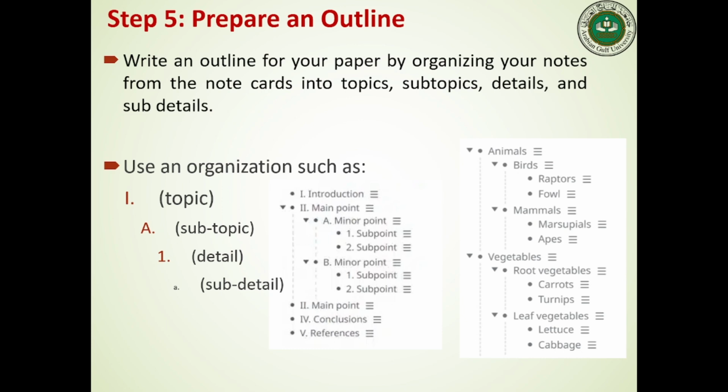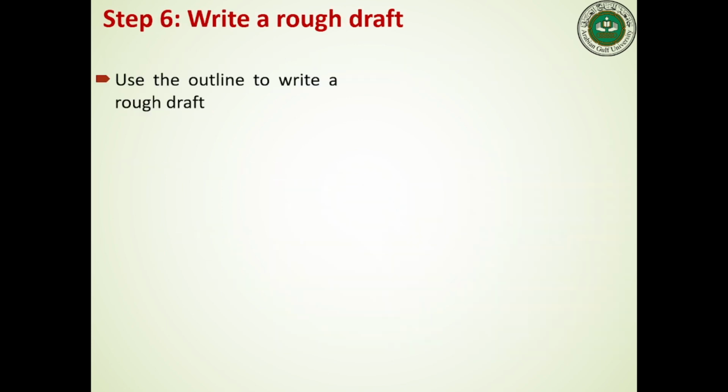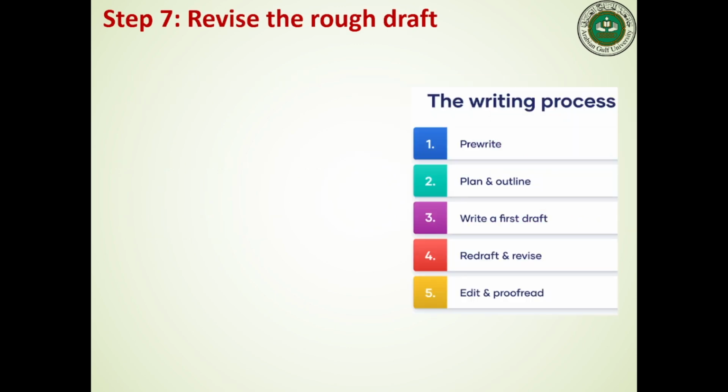Just before submitting, you would like to check for spelling mistakes and grammar. What do you call that process? Proofreading. Okay, yeah. So these are the main steps: outline, rough draft, revise, edit, and proofread.